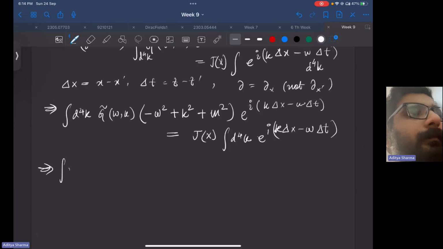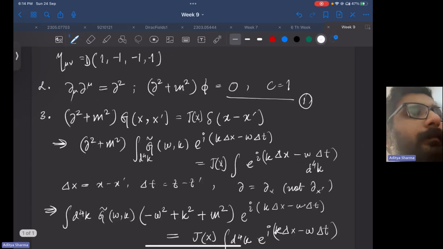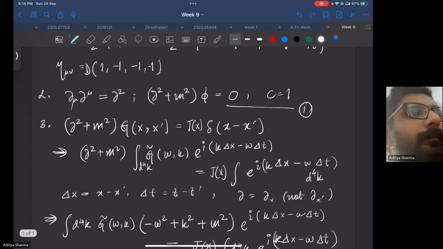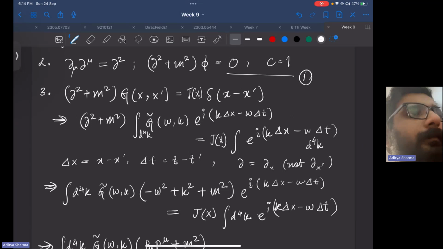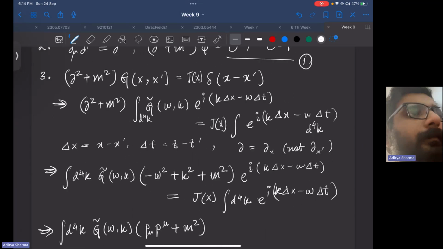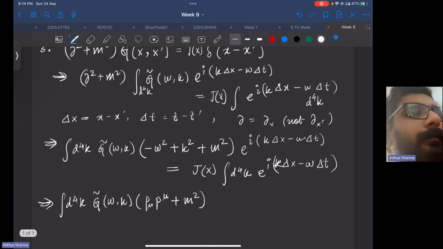So I'm going to write a shorthand notation here, which is p mu. p squared plus m square. p mu squared should be p0 squared minus k squared, so I should put a minus sign here.